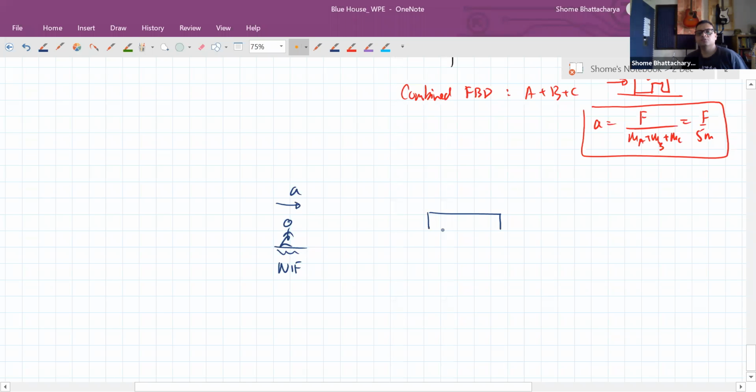You make the free body diagram of B. So there is pseudo force, there is some kind of normal reaction here N1 and some kind of normal reaction here N2.